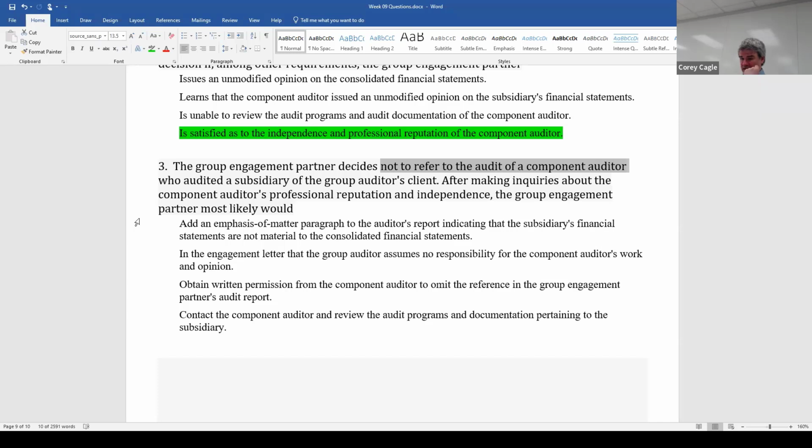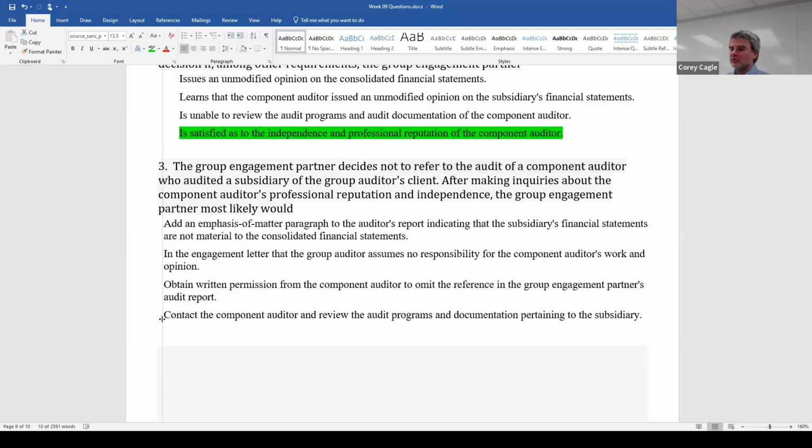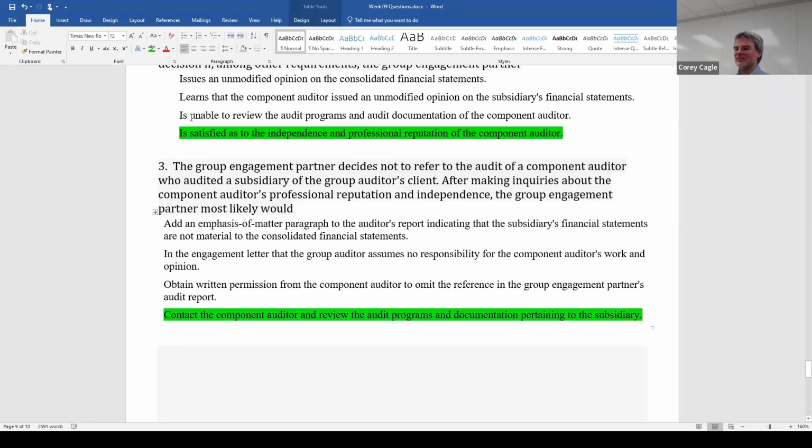Would we have an engagement letter that the group auditor assumes no responsibility? No, it's obviously not what we're doing. Do we need written permission from the component auditor to omit the reference? Nope. What we would do is do a little more work. We can't just stop on checking their independence and competence.